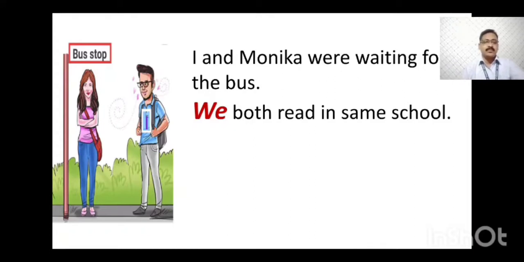Here I is there, and along with you, Monica is also standing. So use the pronoun we. We both read in the same school. We is used for I and Monica, and we is generally used for plural number. Here two children are there, so we have to use we.